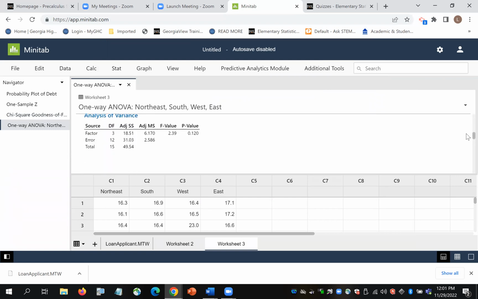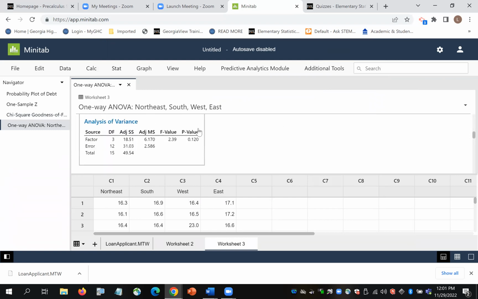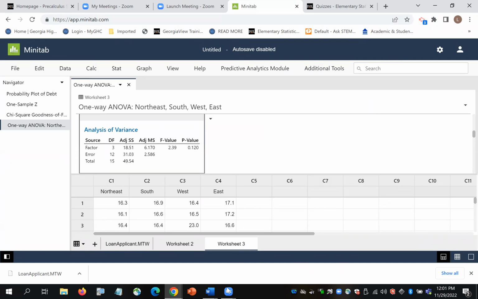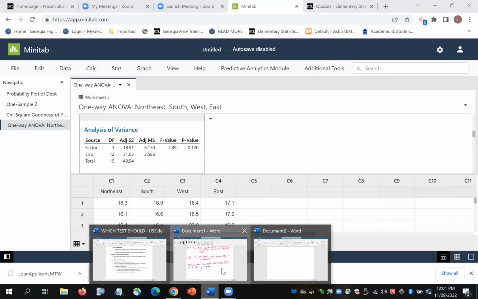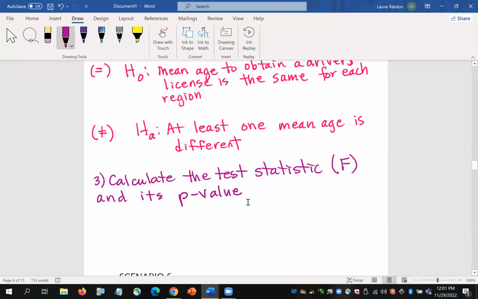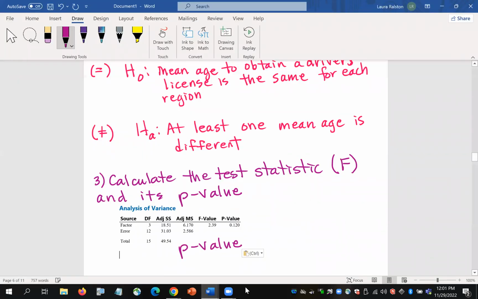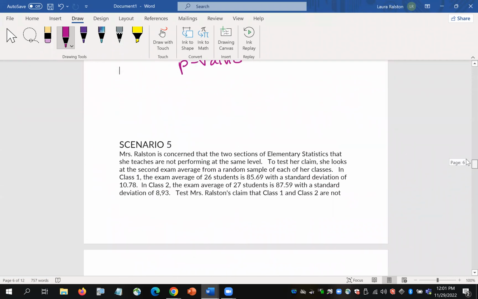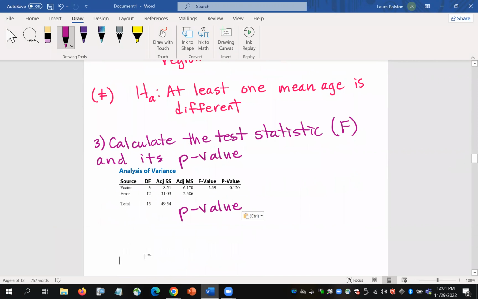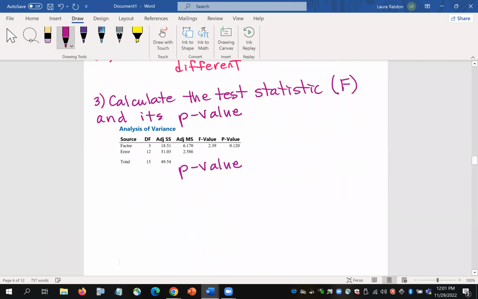We scroll down till we find the analysis of variance table. That gives us all of our lovely data. Again, the table gives us the information we need.